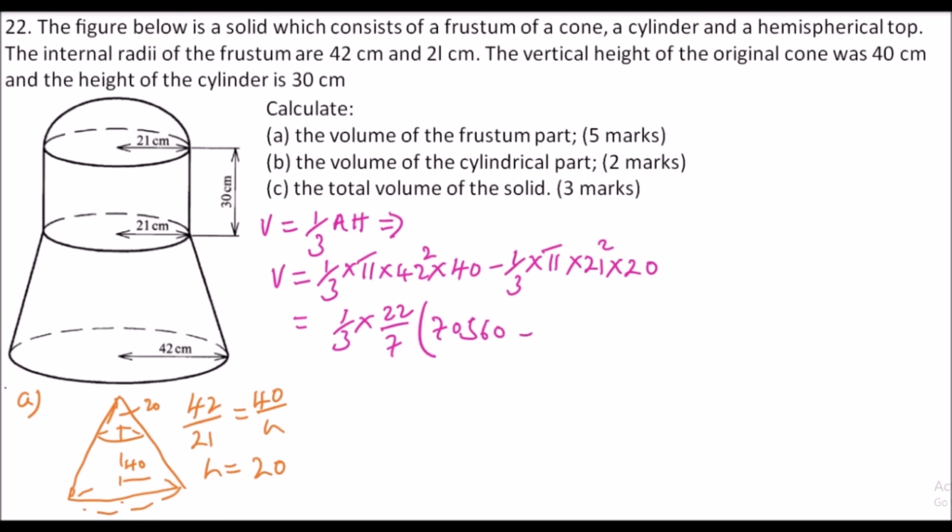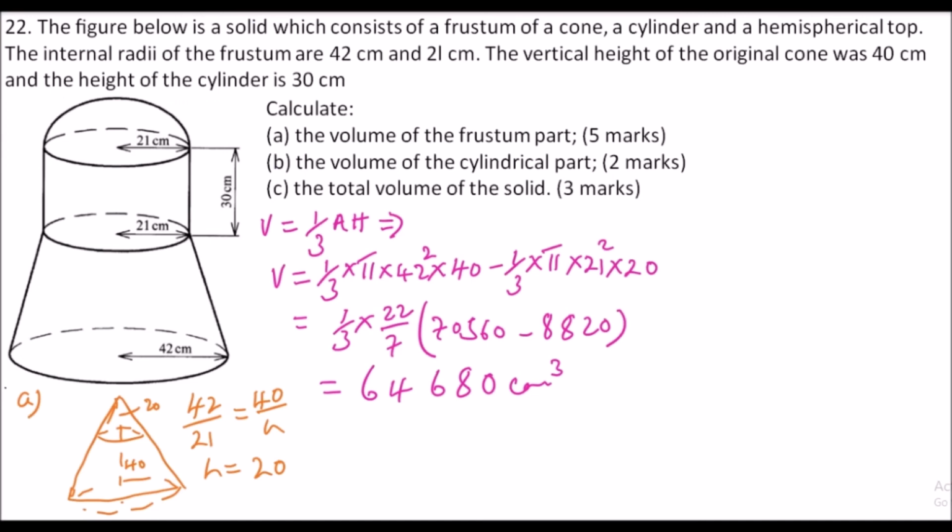You minus the other one, 8,820, and when you compute this using a calculator, you get 64,680 centimeters cubed. That is the volume of the cone.